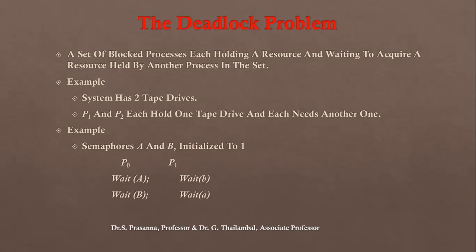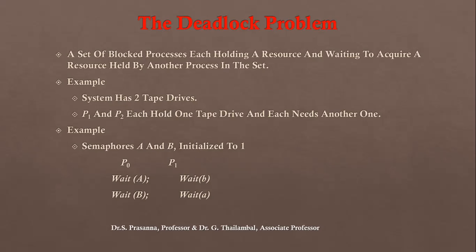Example: semaphores A and B initialized to 1. For the process P0, wait of A. So now P0 is waiting for A to be completed. The process P1, at the same time, is waiting for B to complete.